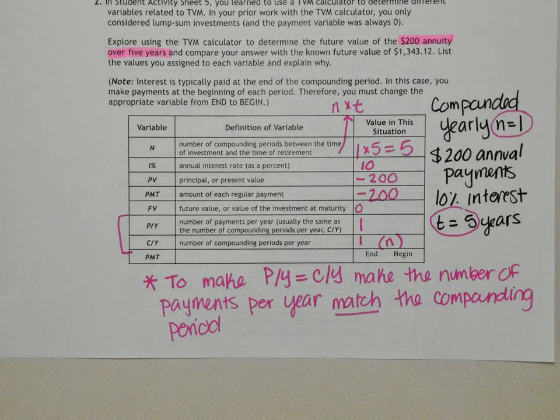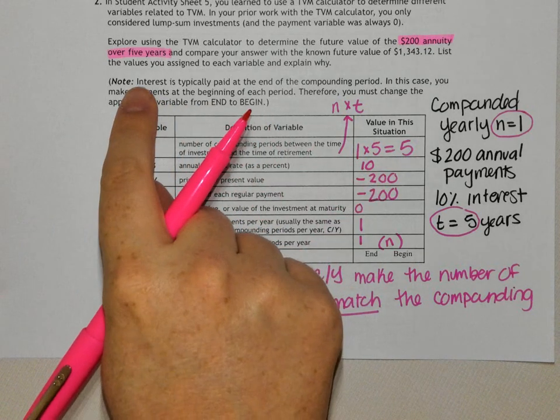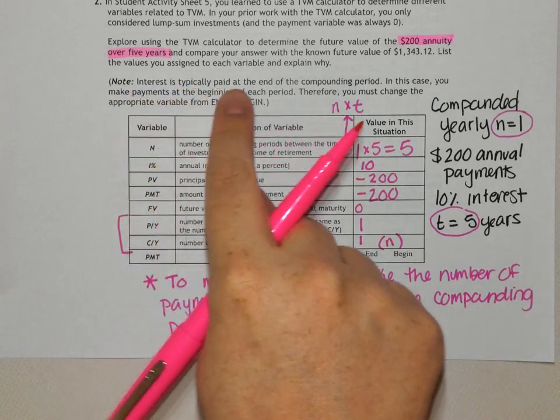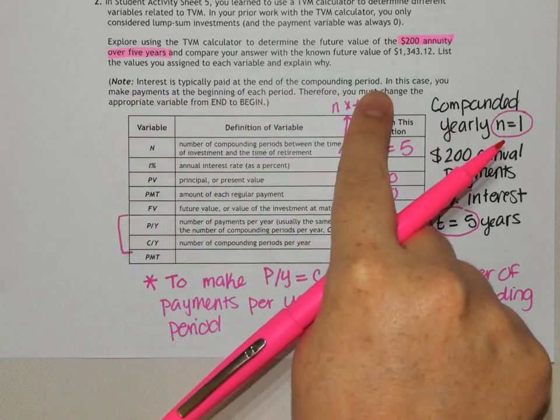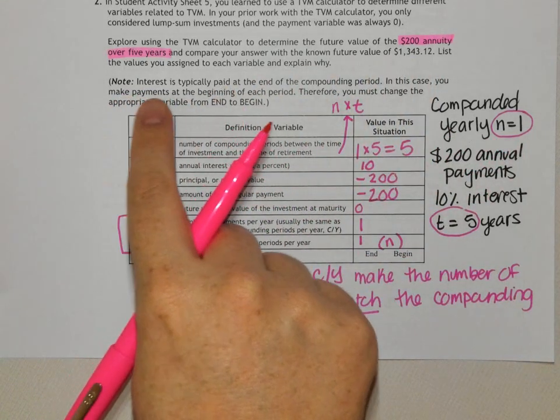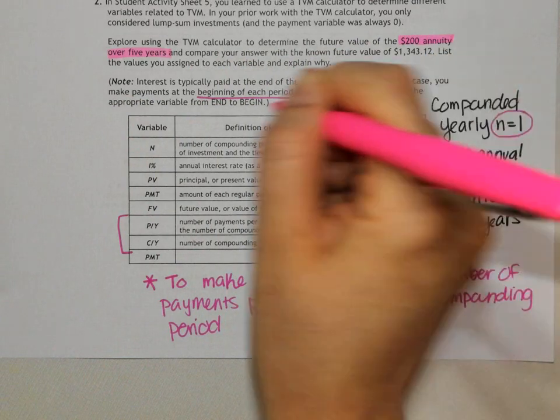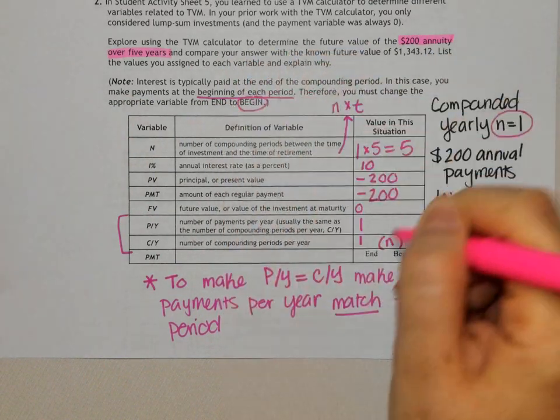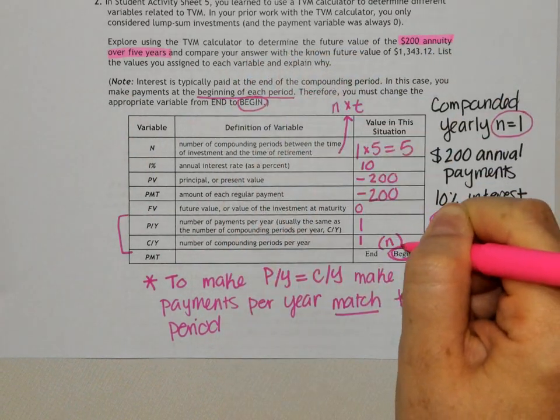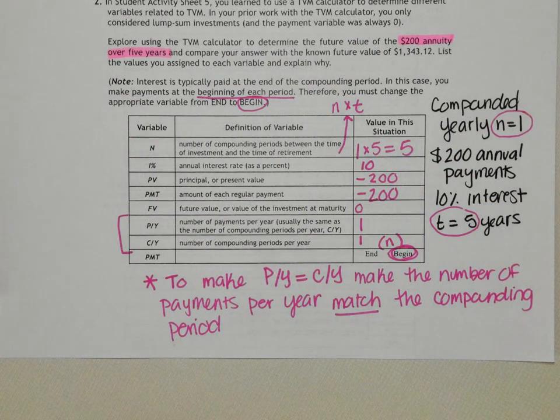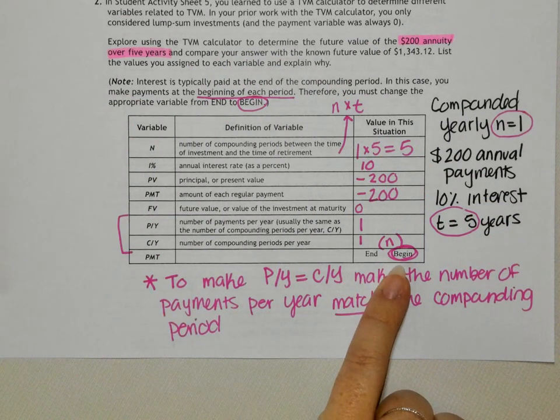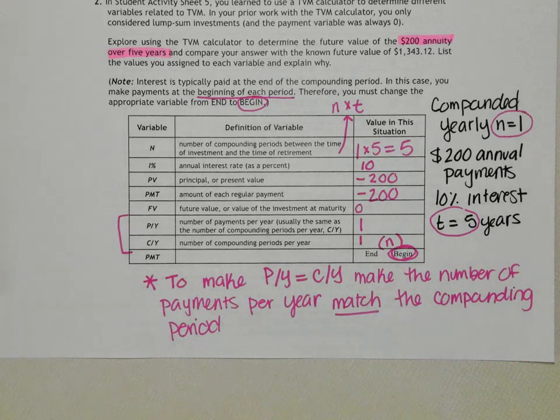All right, and then up here it says, note that interest is typically paid at the end of the compounding period, but you make payments at the beginning of each period. So when you are doing annuities, you have to change the PMT button to set it to beginning instead of end.